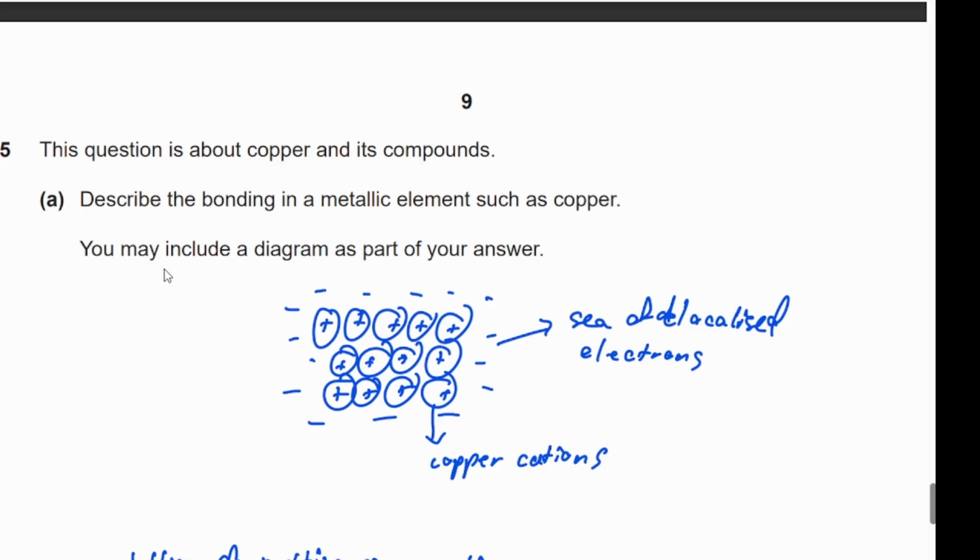Therefore, the metallic bonding would be the electrostatic attraction between the cations and electrons. Okay.